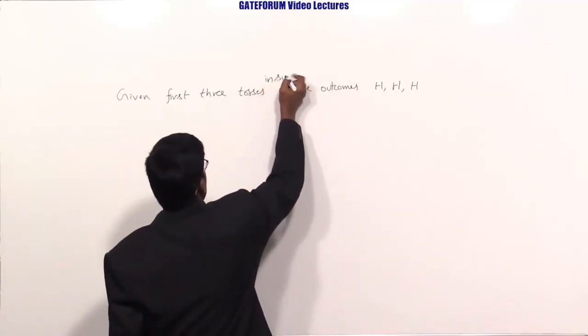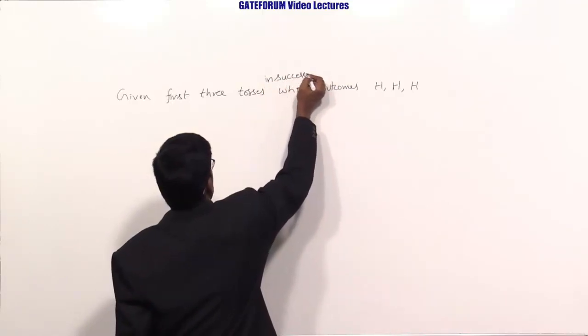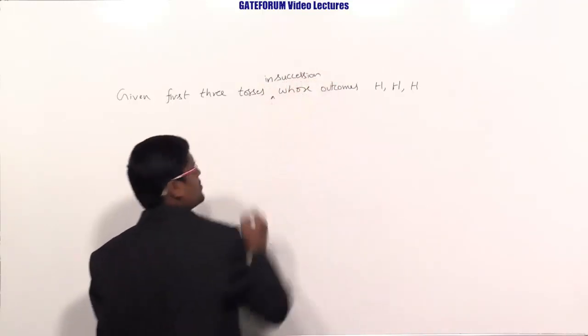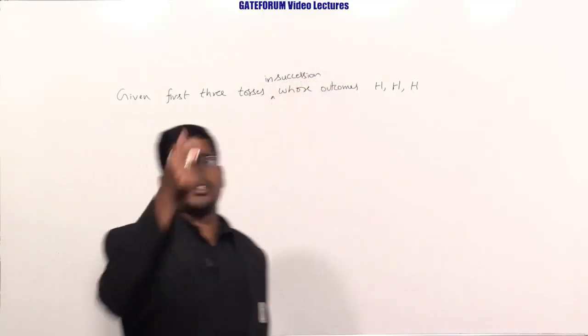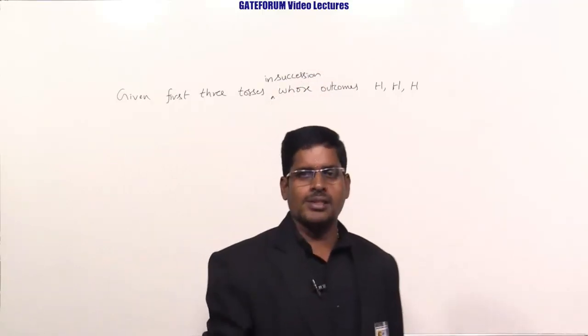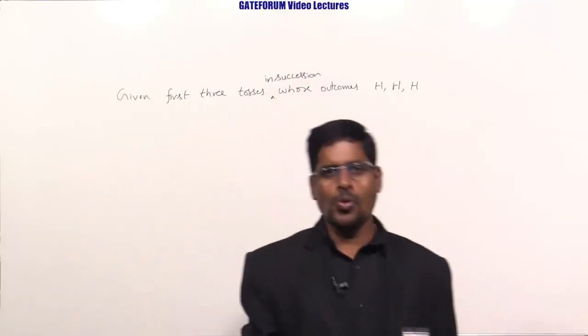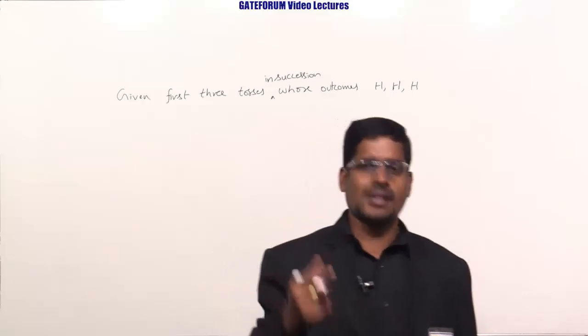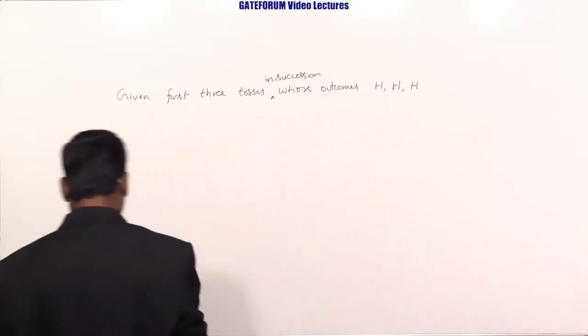In succession. What is in succession? One after one. So coin, first time toss. The same coin, second time toss. The same coin, third time toss. This is called in succession.